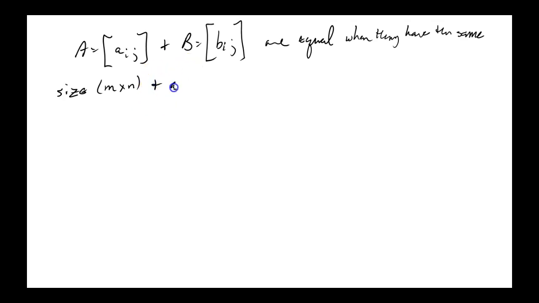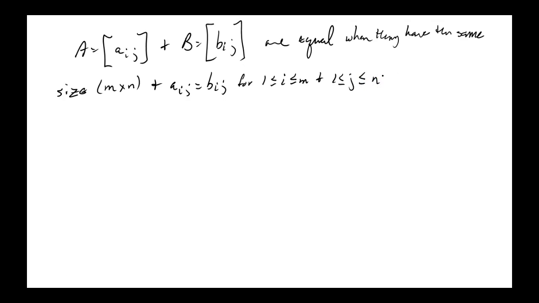And aij is equal to bij for all 1 less than or equal to i less than or equal to m, and 1 less than or equal to j less than or equal to n.